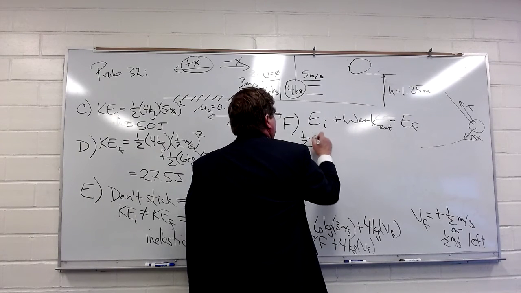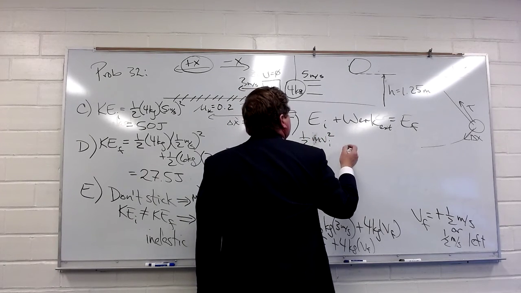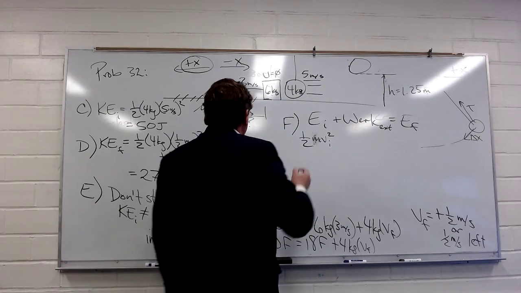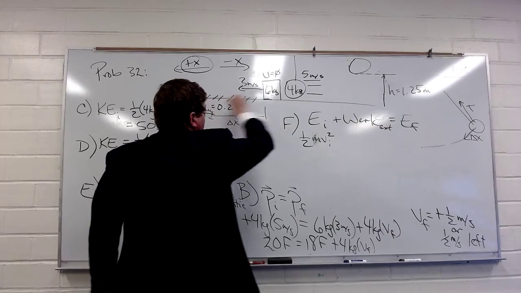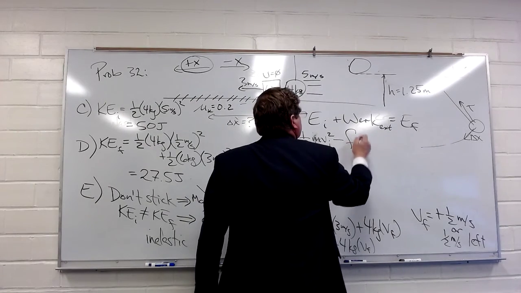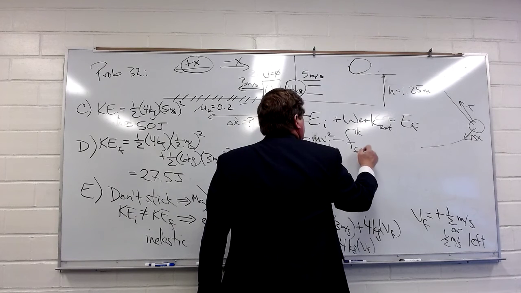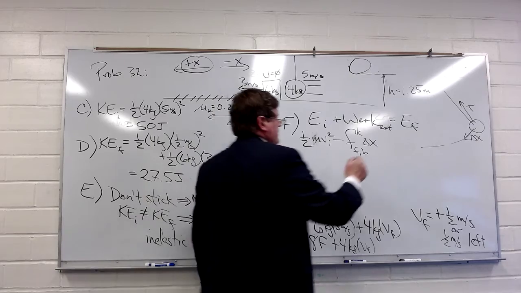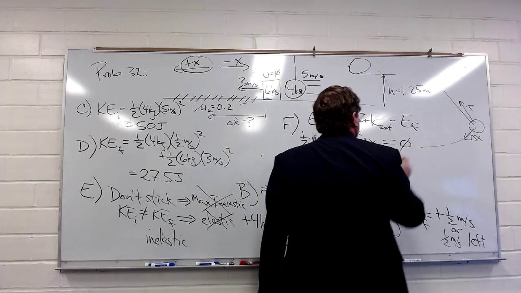So this would be 1/2 m v initial squared. The work done is going to be the work done by friction, and because it's moving to the left and friction is acting to the right, that's going to be negative work, the kinetic friction by the floor on the block times the distance. And when it grinds to a halt, it will have no kinetic energy left.